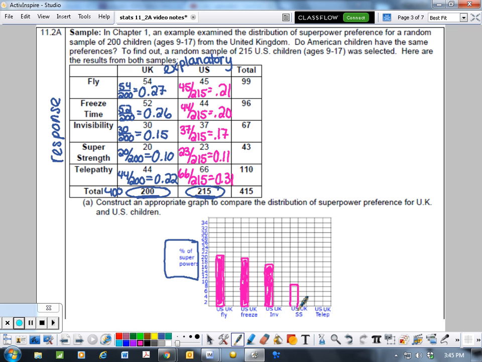Yeah, that looks like about 11. See, that's 10. Oh, this is 11. And then for 0.31. So 31.